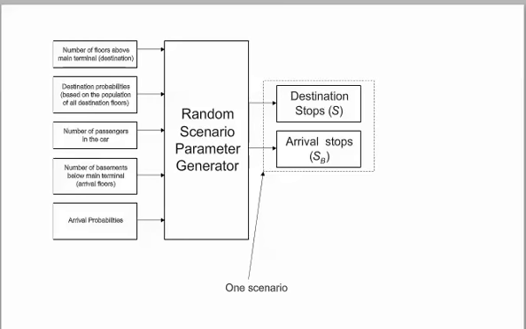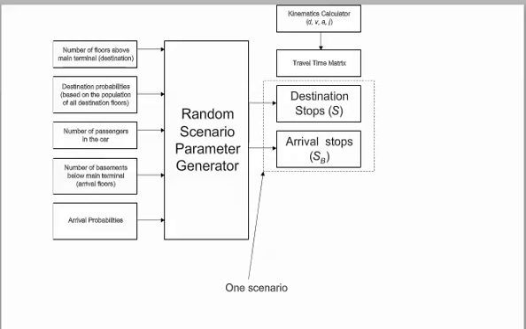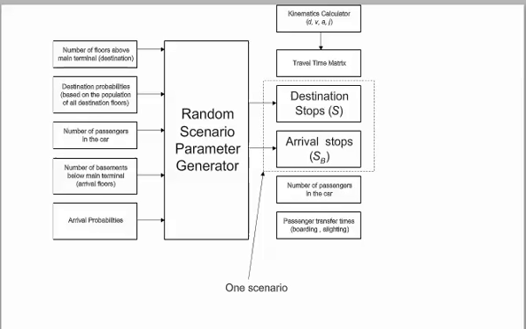So we have a full trial now which we can calculate the round trip time for, and to calculate the round trip time we need the travel time matrix which we saw in the previous slide, which is based on the distance, the rated velocity or speed of the elevator, the acceleration and the jerk. By combining those with the arrival stops and the destination stops, we can then use the deterministic calculator to calculate the round trip time based on the number of passengers in the car and the passenger boarding times.